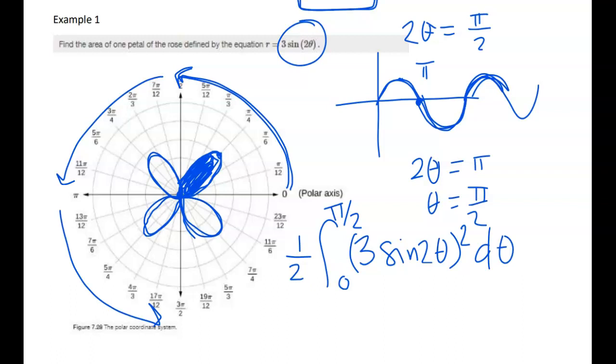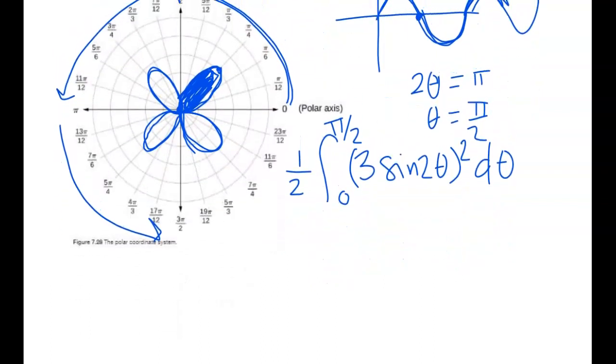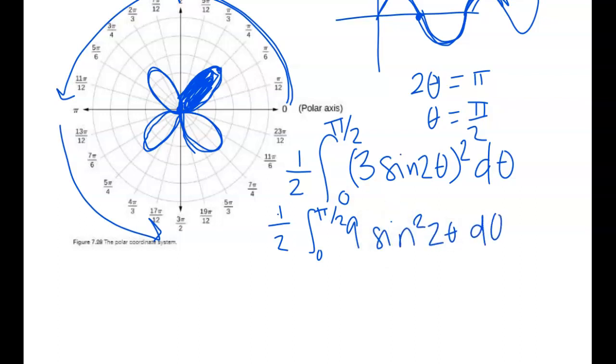What is that going to then give me? That's going to give me 1/2 integral from 0 to pi over 2 of 9 sine squared 2 theta d theta. And then I need to use a power reducing identity to get rid of my sine squared.